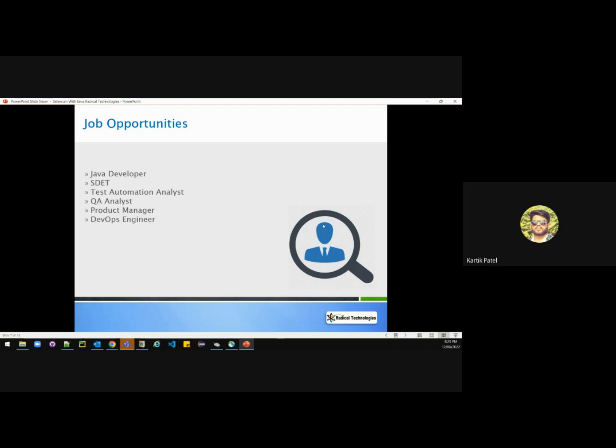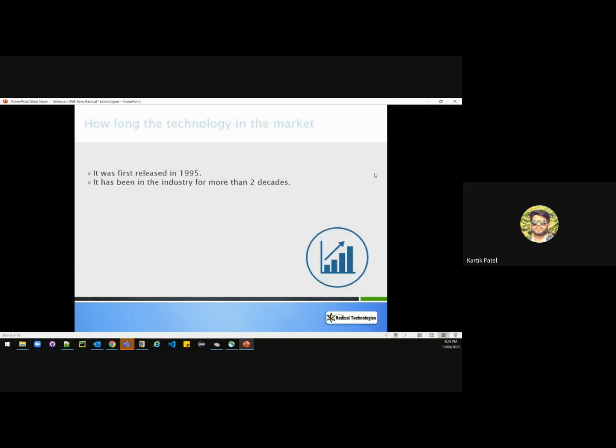The organizations wish that candidates have some understanding of programming, because they would be managing the project, and to manage it they should have some programming skill and a technical background. DevOps engineers, if you want to write scripts, a programming language can be handy. So these are some of the job opportunities that we have if we complete this course.